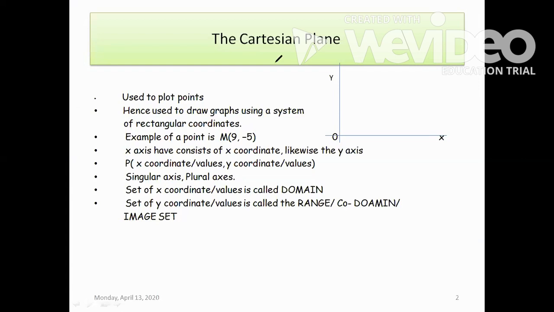So we're going to look at what we call the Cartesian plane, and that's the foundation of what a graph is. Now, a Cartesian plane where we have two lines that meet at right angles.